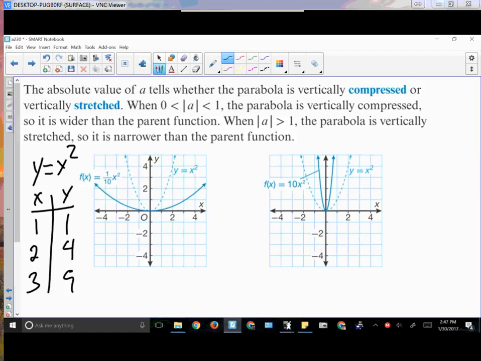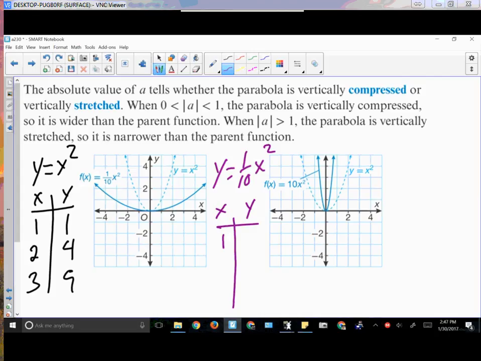Now, what happens if I take y is equal to 1/10 x squared? What happens then if I put in x and a y? If I put in 1, what is 1 squared? 1.